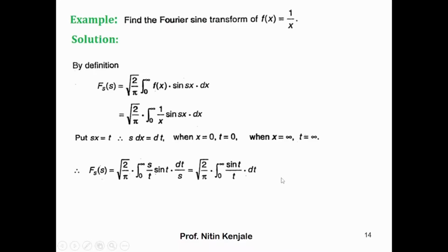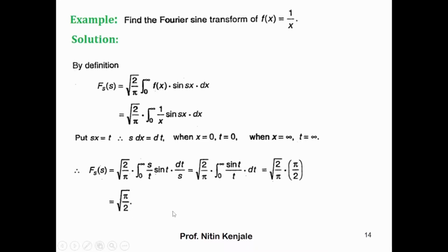So we have Fs is equal to root 2 by pi into integration of sin t by t dt over the limit 0 to infinity. Using theory of Laplace transformation, one can say that value of this integral is equal to pi by 2. So when you simplify this, you will get Fs, that is Fourier sine transform of f of x, is equal to root of pi by 2.